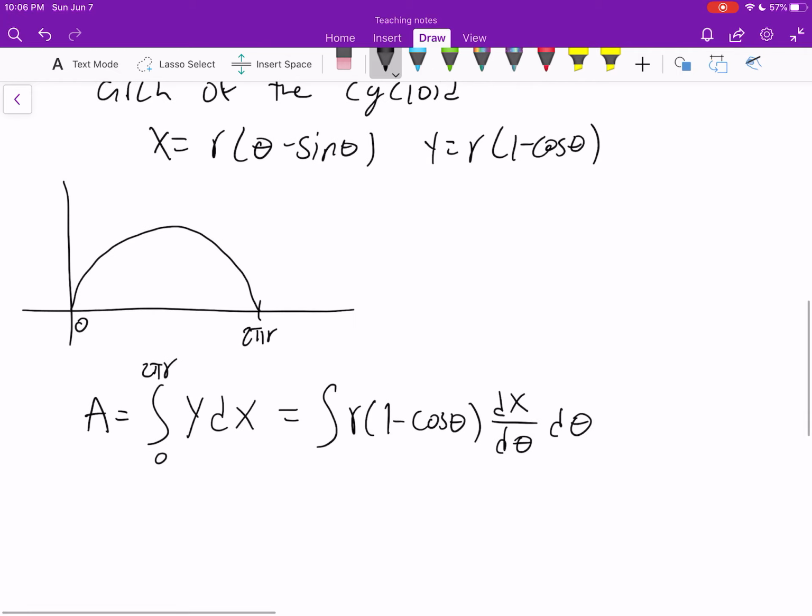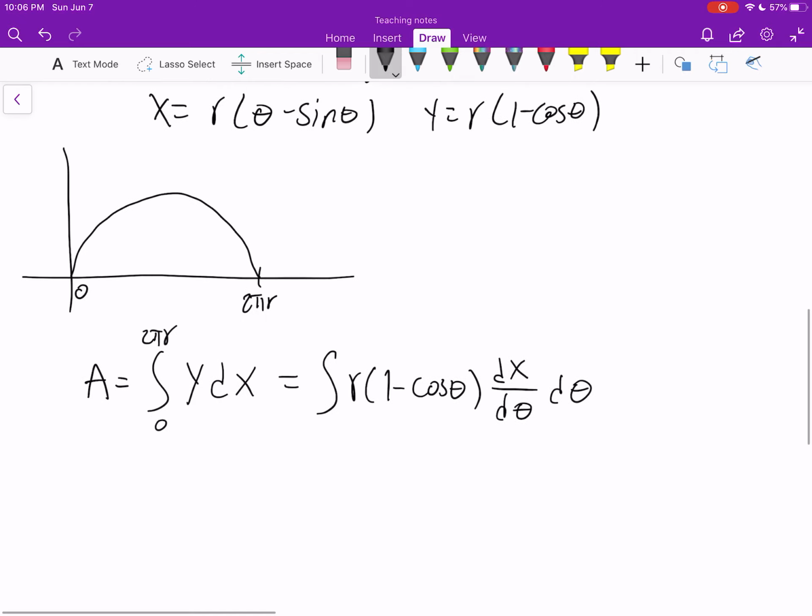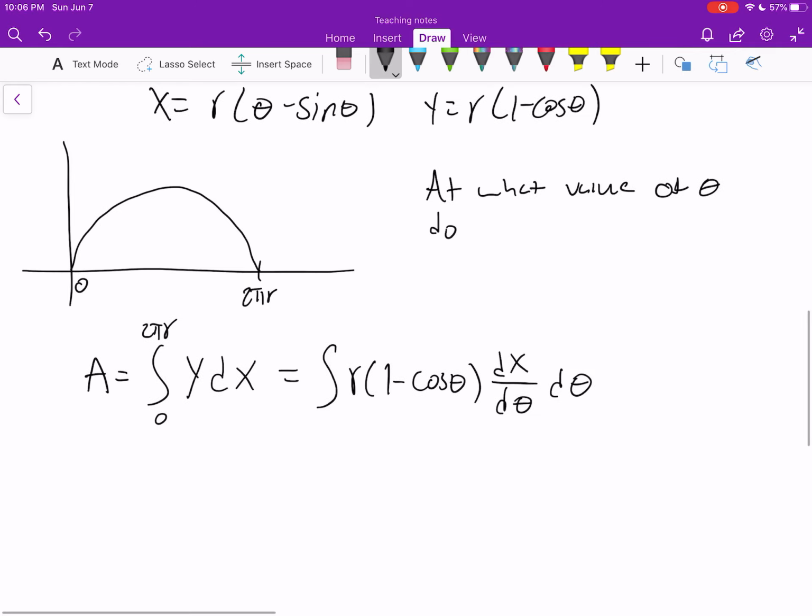So for the bounds, we need to figure out at what value of theta does x equal 0 and does x equal 2 pi r?